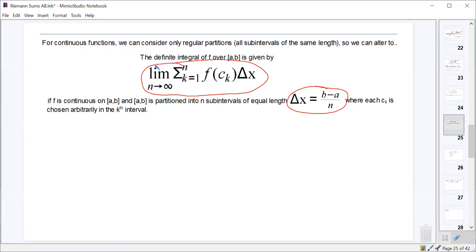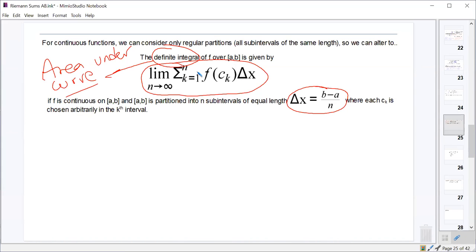And a definite integral of a function is what gives us the area underneath the curve. And so effectively what this means, if we read it out, it says the limit as n approaches infinity of the sum from k equals 1 to n of f of c sub k times delta x.